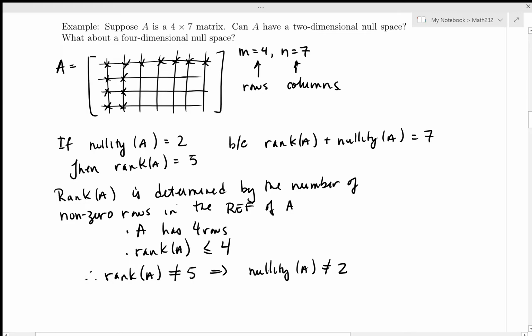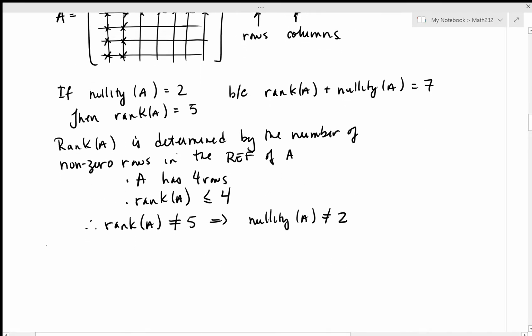What if you tried the same thing with a 4-dimensional null space? That would imply, by the dimension theorem, that the rank of A is 3.